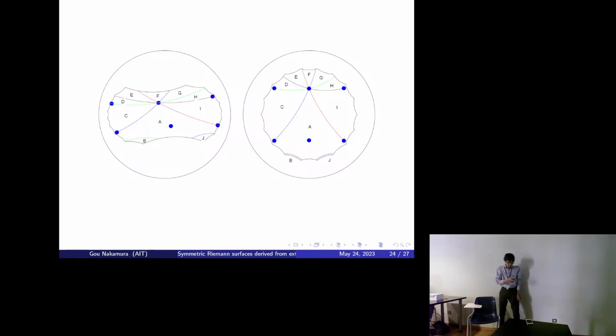To calculate the coordinates of these two surfaces, I cut the polygon suitably.